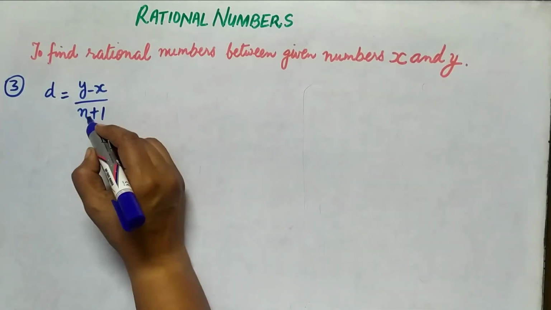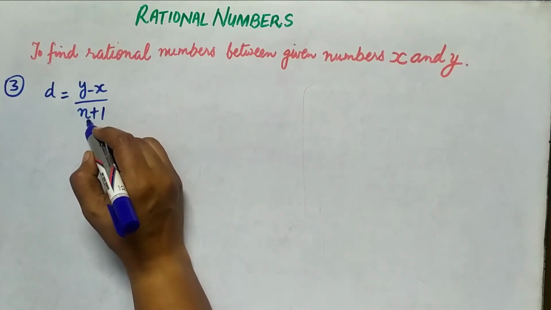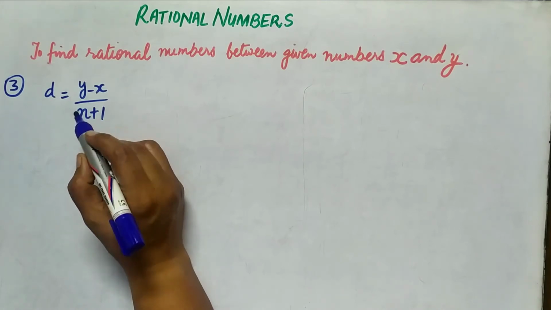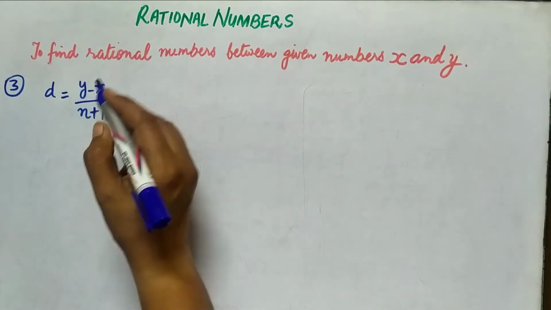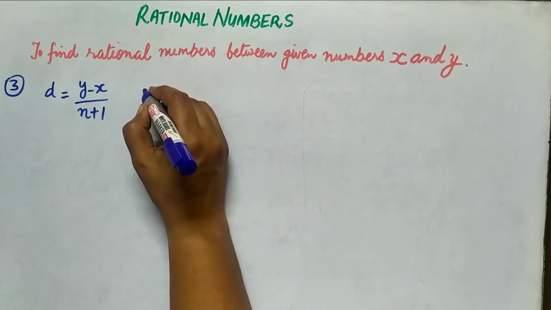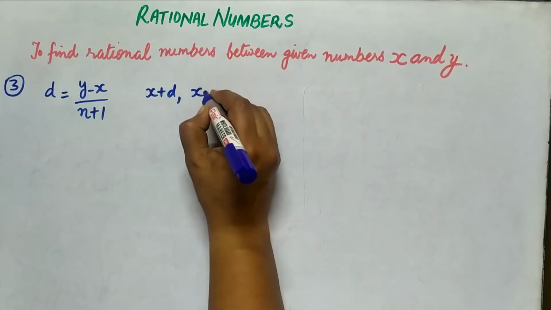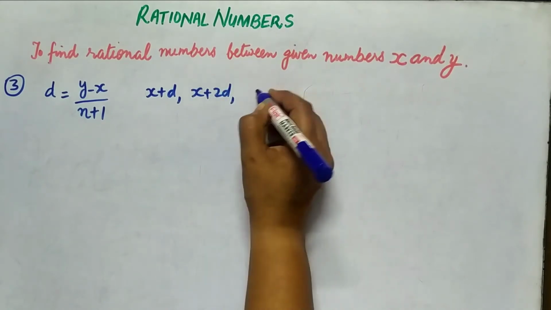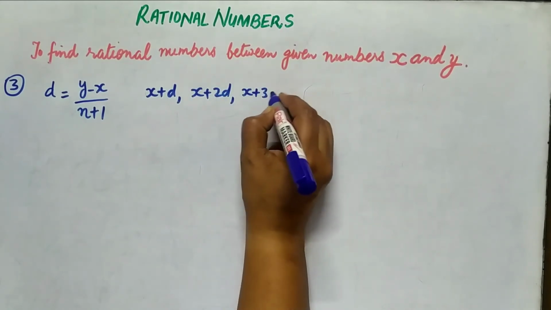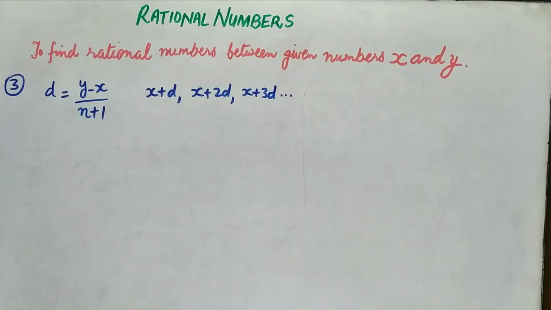Then n is number of the rational numbers that we have to find out. It is also in the question. After calculating d, the rational numbers will be x plus d, x plus 2d, x plus 3d, and so on up to how many numbers we have to find out.